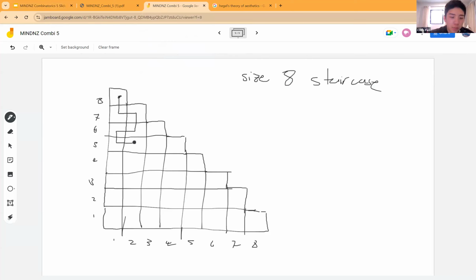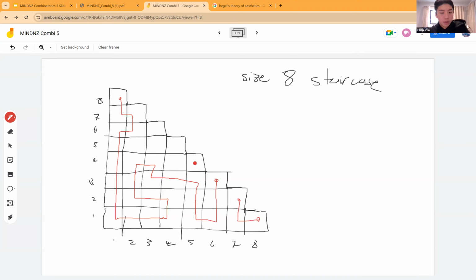And maybe, I'll do it in a different color, in red, go down here, up here. So here's one path I made.